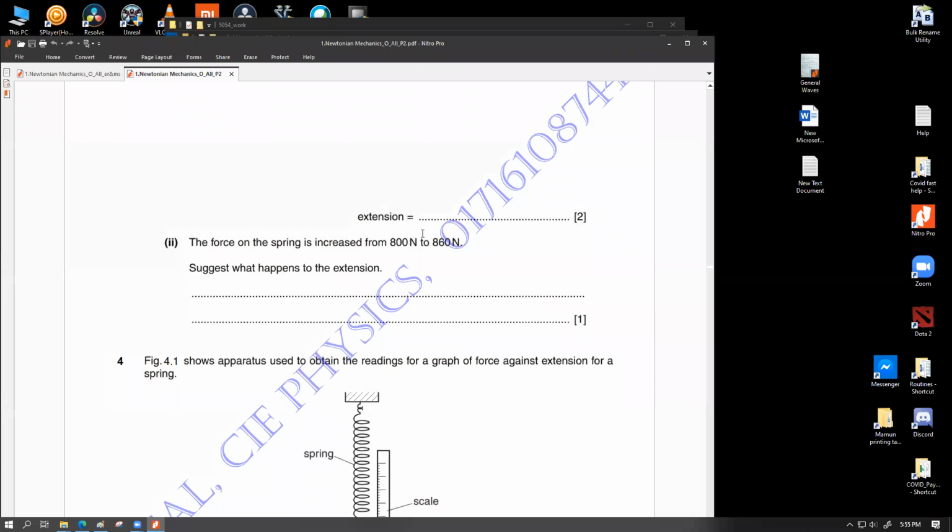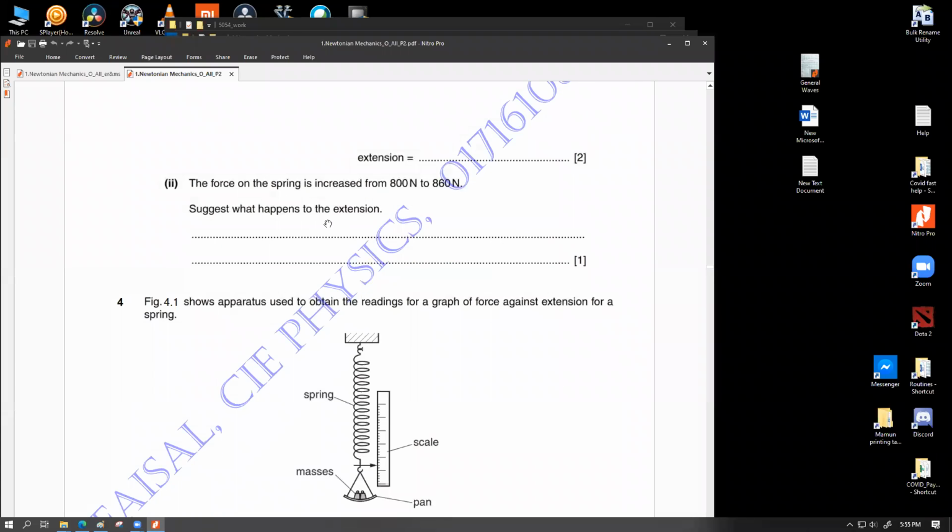Applying the same 60 Newton should give a bigger extension, because the spring now becomes easier to extend. So I'm going to write that the spring will extend more than 10 centimeter because it is now extending within the plastic region. That's definitely something I'm going to write.